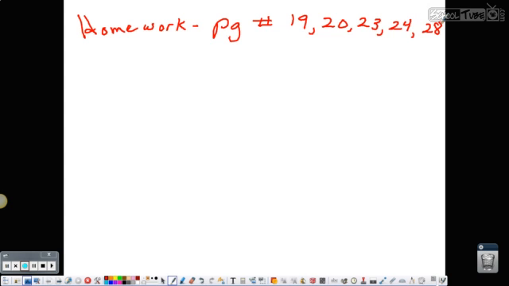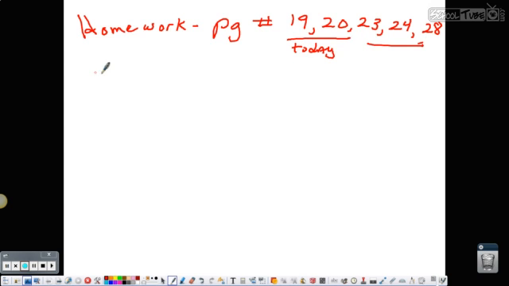Alright, so let's learn how to do these. First of all, number 19 and 20 are like today. So this is today's homework. This is the same thing. It's got percentages and all the masses. Now these three are new.